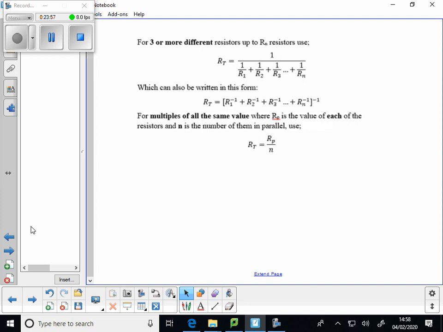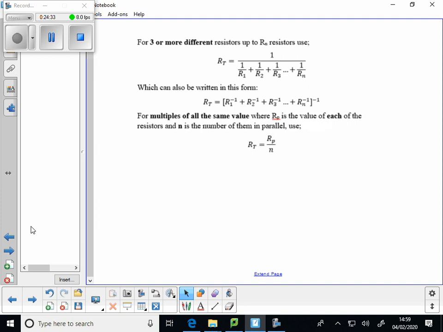Another useful way to write that, because on most calculators, certainly the Casio ones, the reciprocal button is x to the minus 1: you put R1 to the minus 1, which is the same as 1 over R1, plus R2 to the minus 1, R3 to the minus 1, all the way up to Rn to the minus 1. Put all of that in a set of brackets, and then take the reciprocal of the bracketed term. Either way, you should get the same answer.